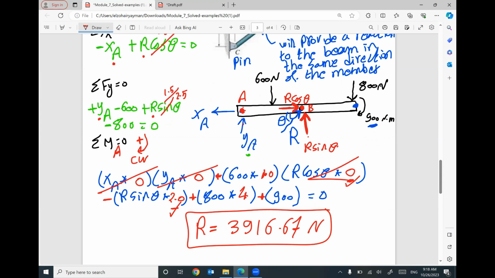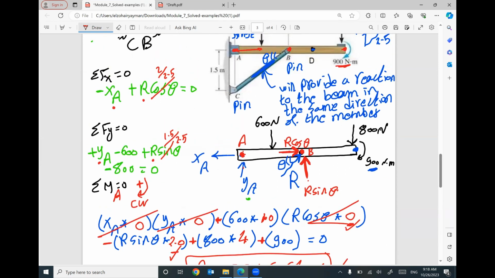Yes, my number is correct. Once you get the value R, I can go back here and put R with this value, 3,916.67. I can find out the reaction YA.